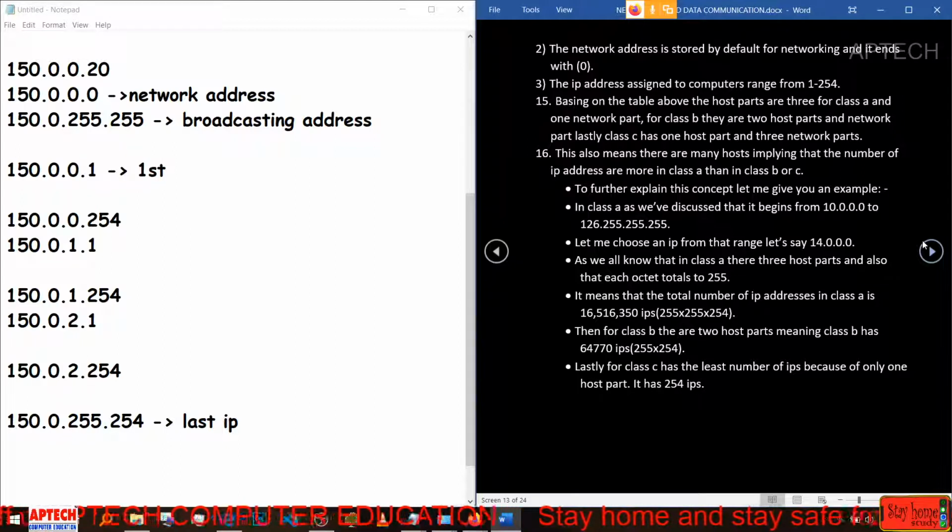Let's say from 150.0.0.1, you want it to stop at maybe 20 or 30 IPs in the middle there. Then you want it to go to another cubicle of 30 people. You get the point? So you want to separate the cubicles.